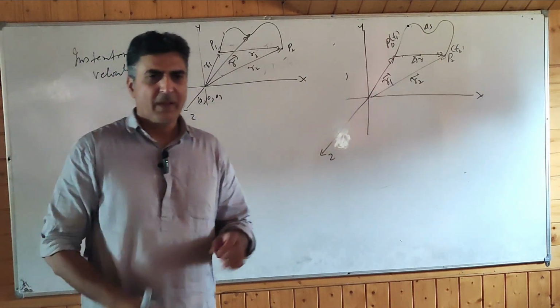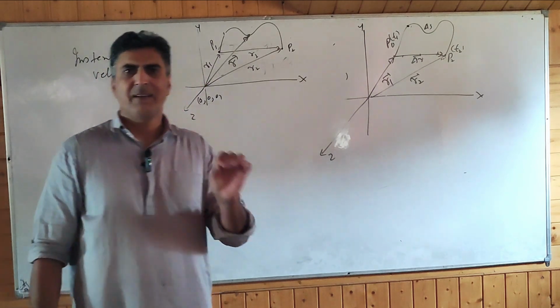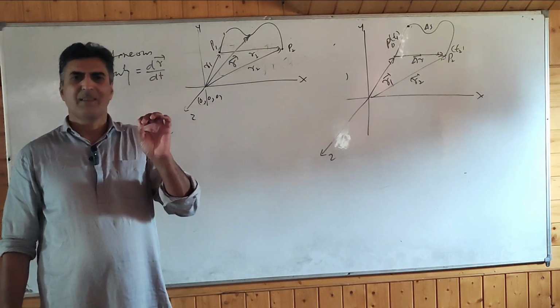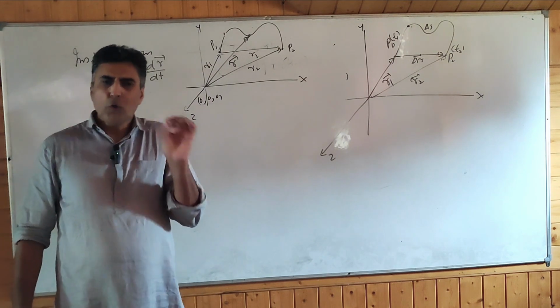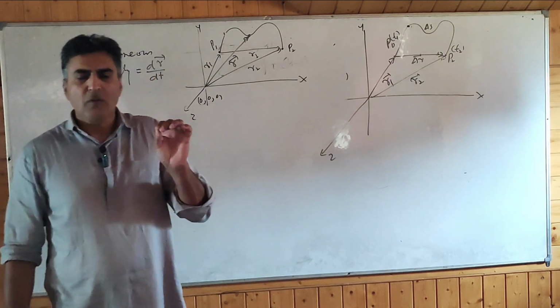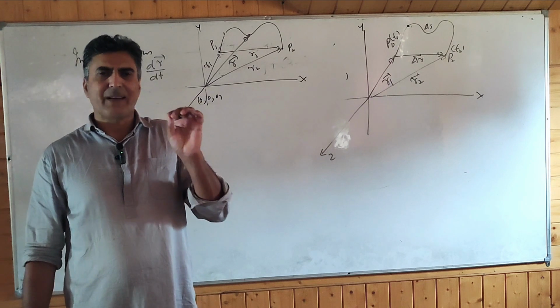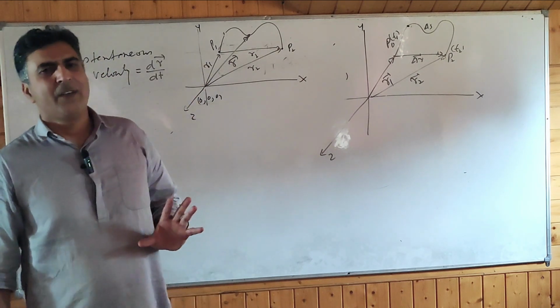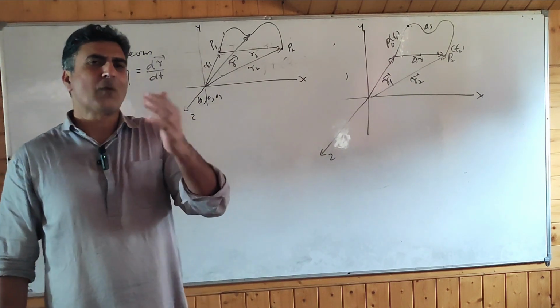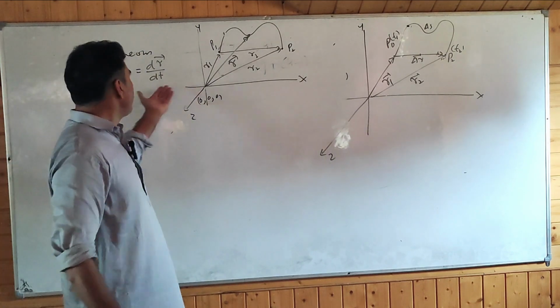Finished. एक खास पोजीशन पर, एक खास टाइम पर, इंस्टेंटेनियस टाइम, उस टाइम पर जो रेडियस वेक्टर है, उसको आपको डिफरेंशिएट करना है. You have to find the differential coefficient of that position vector and you will find instantaneous velocity.